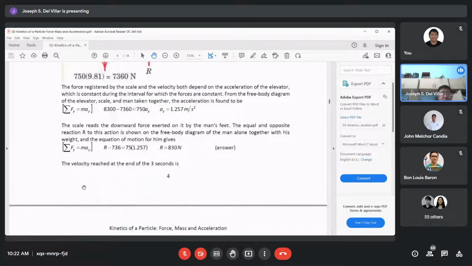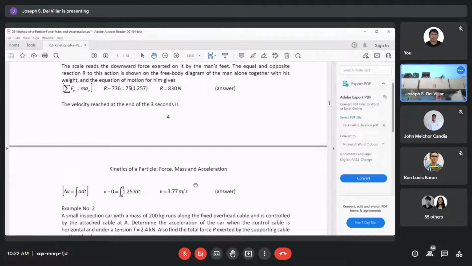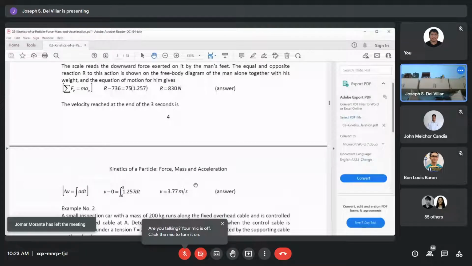Okay, so for that velocity reached at the end of the 3 seconds, so we have here, no? Okay, so we have the change in velocity is equal to the integral of A dt. Okay, so this is differential in velocity.